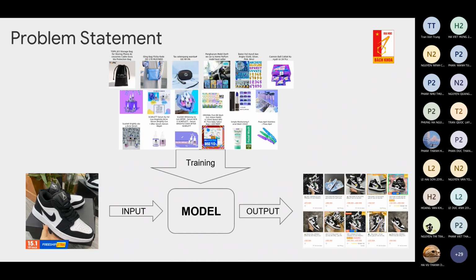Our task is that we will build a model that takes training data. Training data is taken from Shopee with various product images, and each label is like a class.